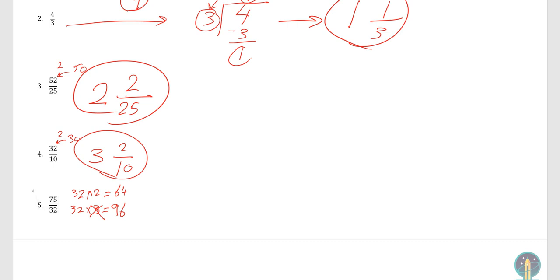The closest number is 2. There are 2 full 32s in 75. But then what does that give us? 32 times 2 is 64, but we need to go to 75. So what is the remainder from 64 to get to 75? The remainder is 11. So you write it out here, and then divided by the original denominator, which was 32.